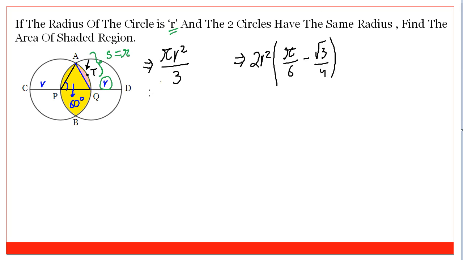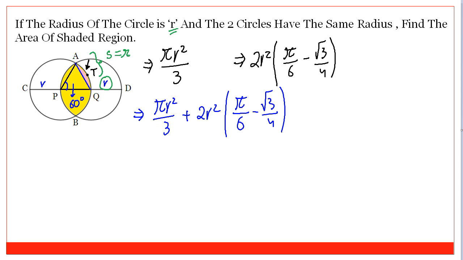So now, last step, we just add them up to get the total area. We get πR²/3 plus 2R², which is outside the bracket, multiplied by π/6 minus √3/4.